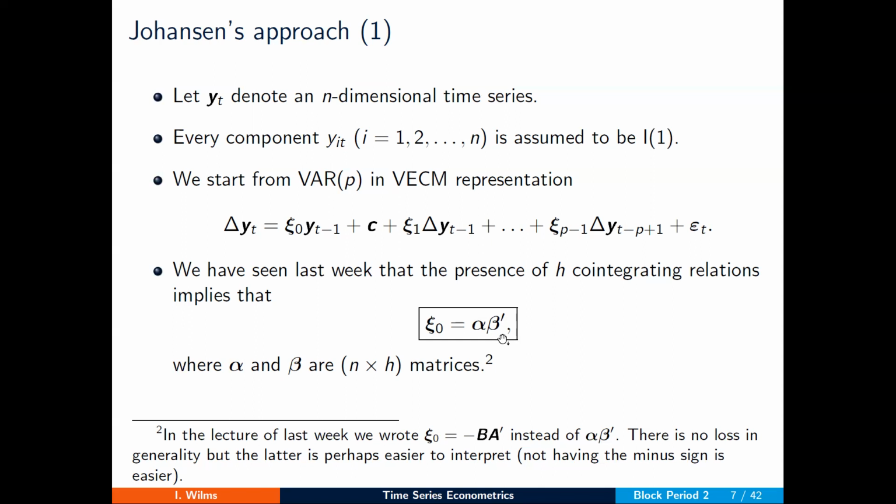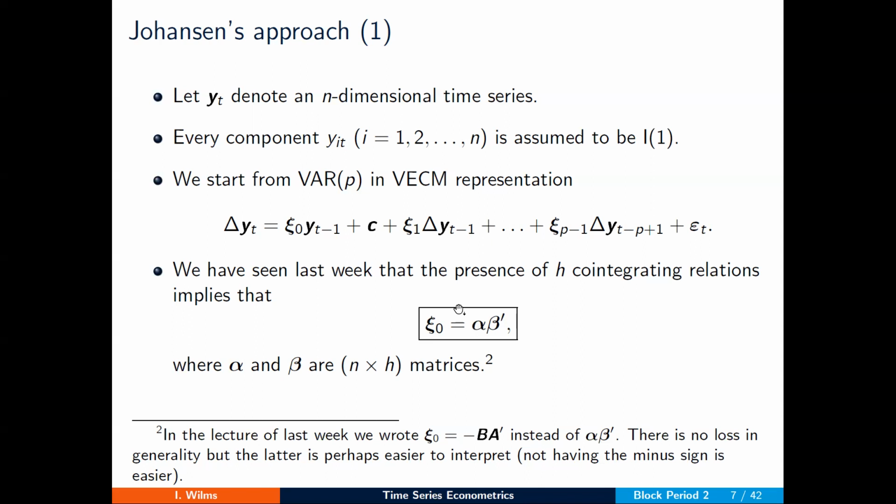Well, the matrix in front of the series in levels, so the beta prime over here, contains the co-integrating vectors, so the coefficients of the time series in each of the h co-integration relations. And the matrix alpha contains the adjustment coefficients that measure the speed of adjustment of our series to the co-integration relations.